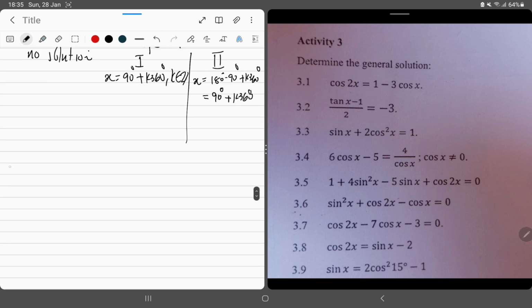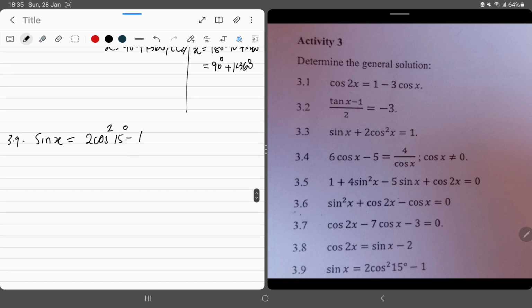And then 3.9. Sine of x is equal to 2 cos squared 15 degrees minus 1. This right here, this is 2 cos squared 15 degrees minus 1, which is equal to cos 2 times 15, which is cos 30 degrees.